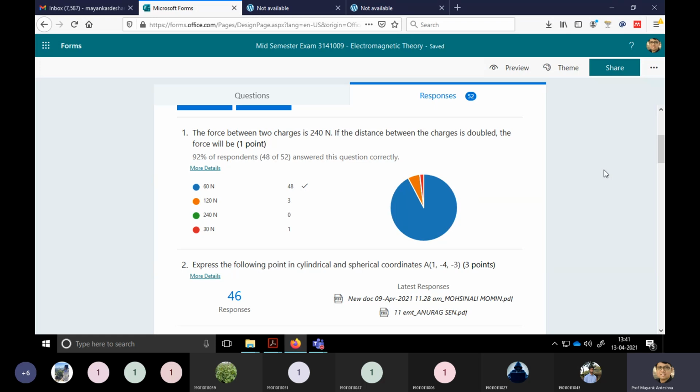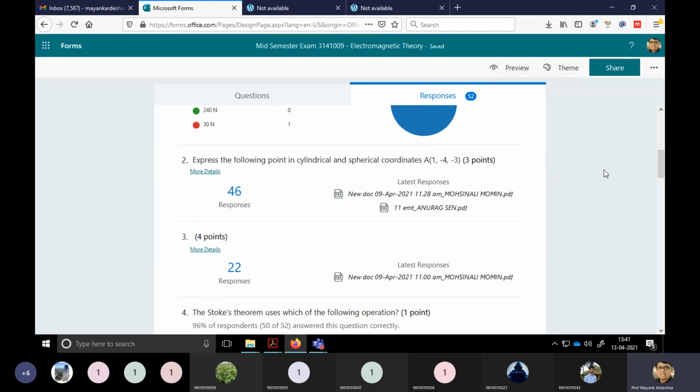Already the force is given, and the distance is doubled, so you have to consider 2 raised to 2, so it's 4. So 240 divided by 4 is approximately 60 Newton. I think most of you selected this answer, 60 Newton. It's the right answer.